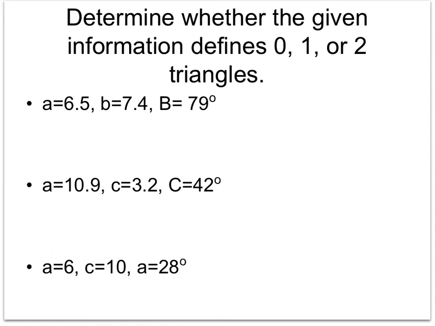You need to determine whether the given information defines 0, 1, or 2 triangles. So you're going to do 3 separate law of sines problems, and what you want to look for is those other pieces. So you might need to watch the whole video for each one of these to see what happens. Possibly after watching the first video, you are going to be able to finish the last 2 and know what you need to do without having to actually watch those.